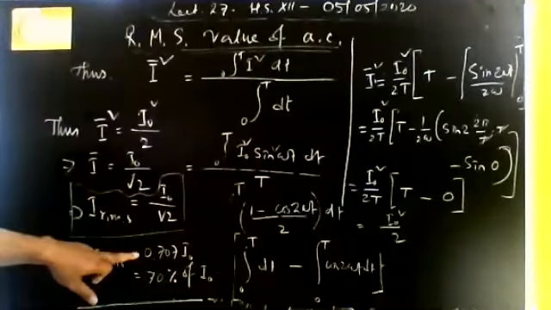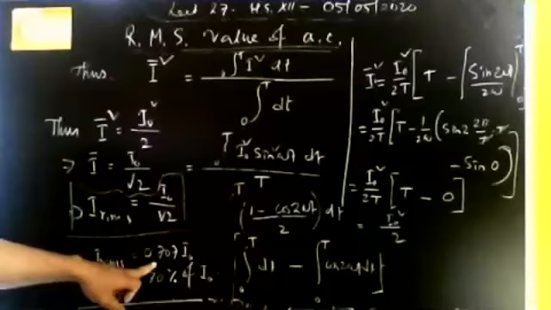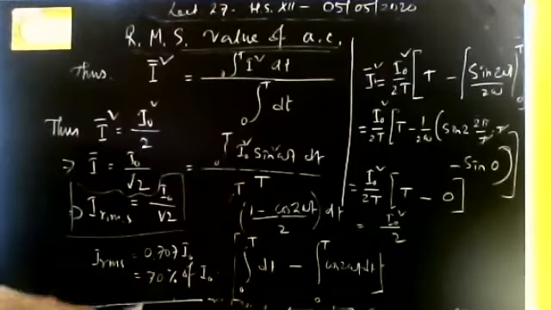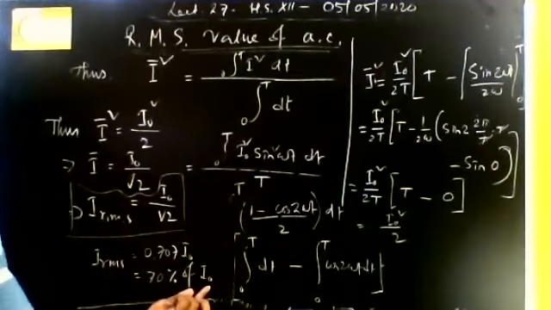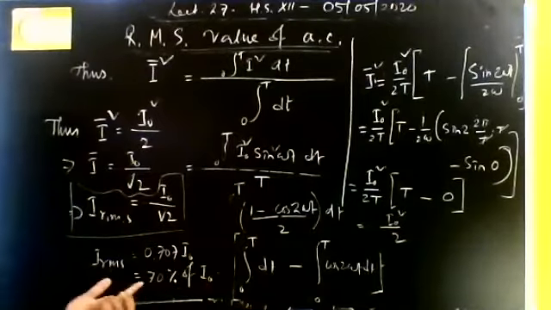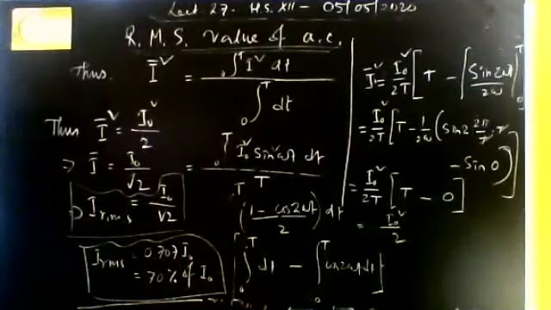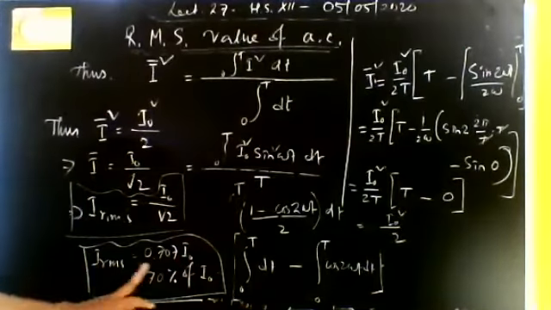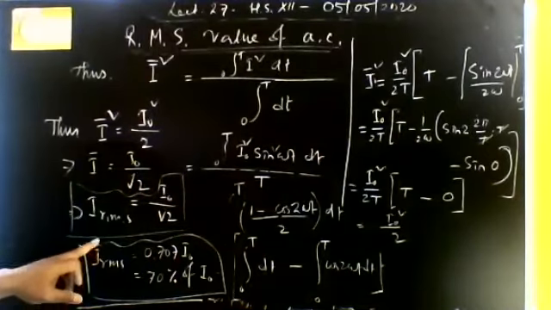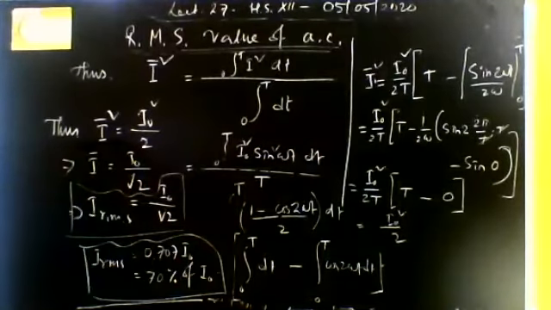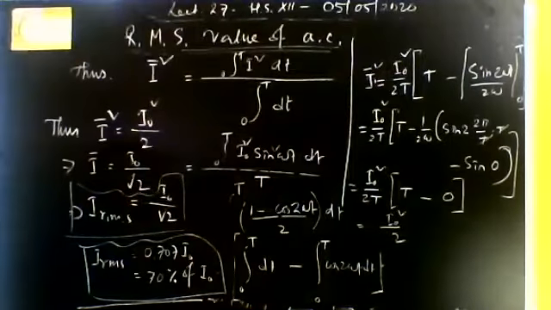So if you multiply and divide by 100, 0.707 is approximately 70.7%. So the RMS value is 70% of the peak value of current, right? This is important. The RMS value is related to the peak value by this equation. If you are given the peak value, you can find the RMS value. If you are given the RMS value, you can find the peak value of current.